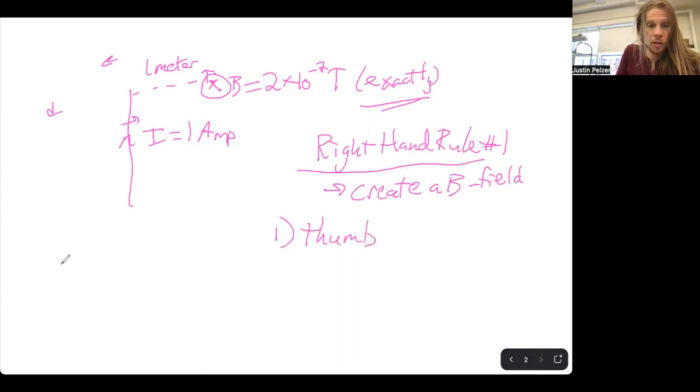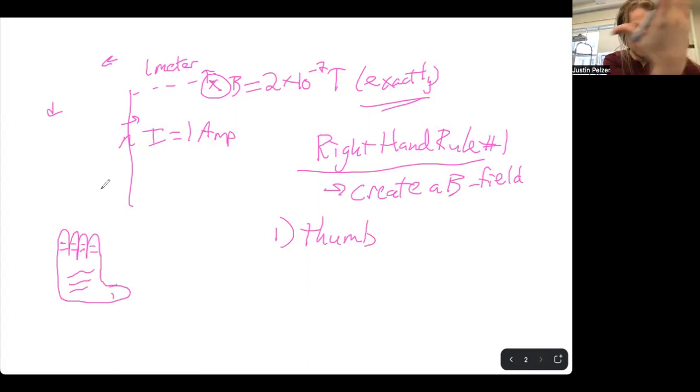You take out your right hand, you make sure your right thumb is perpendicular to your palm. Here's your fingers, your fingernails on the other side. Here's your thumb. You can hold it in front of your face like this, look at it. You can obviously turn it, your elbow will turn it, but your right hand needs to be open, perpendicular, thumb open, and fingers open like this. So thumb open is what I mean.